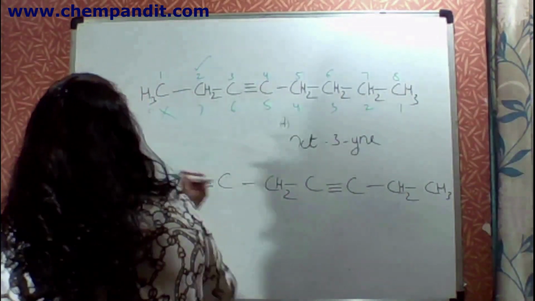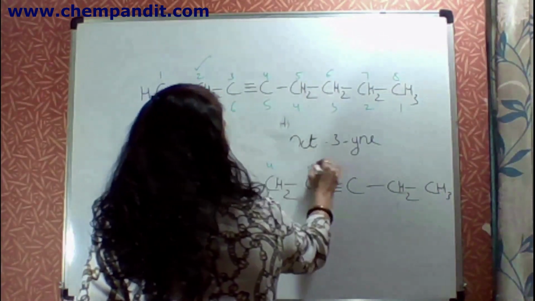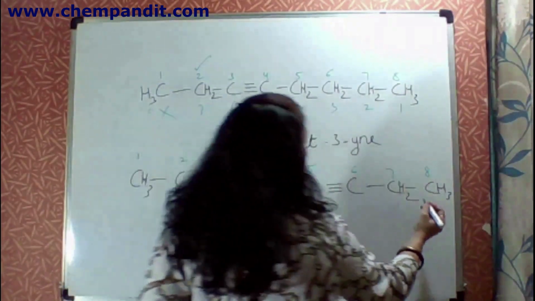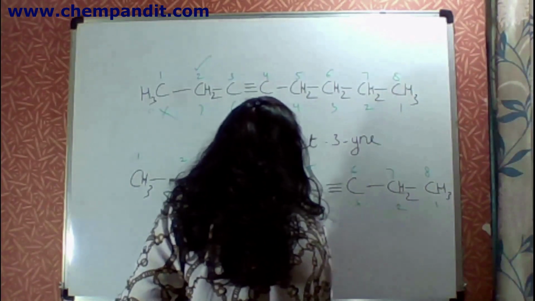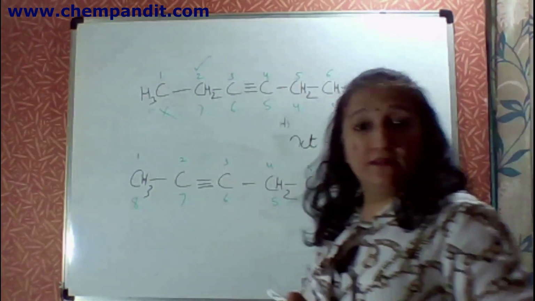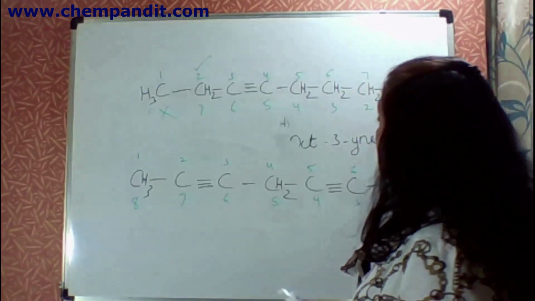Let's do it from left to right. 1, 2, 3, 4, 5, 6, 7 and 8. Let's number it from right to left. 1, 2, 3, 4, 5, 6, 7 and 8. Now as per the rule, what are we going to do?